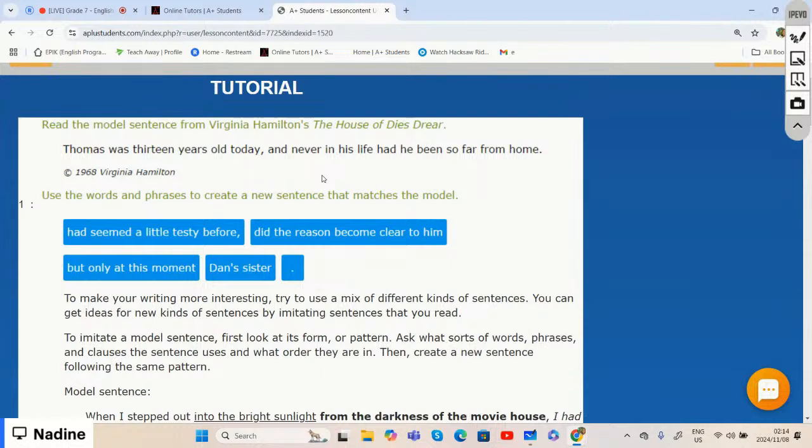It says, had seemed a little tasty before. Did the reason become clear to him? But only at this moment. Dan's sister, period.